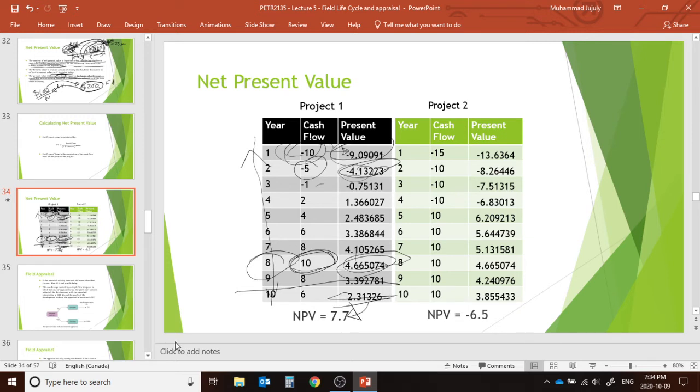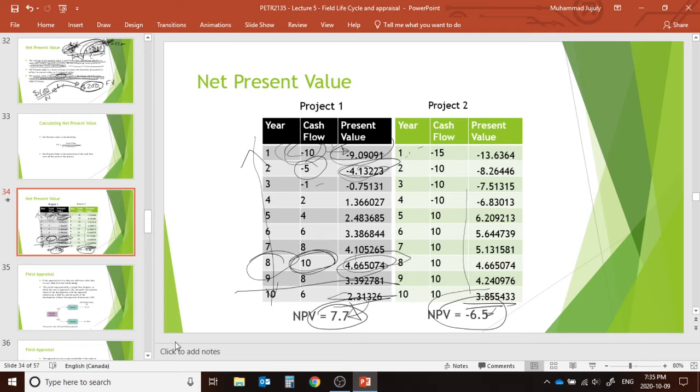Okay, and here the project 2, in a similar fashion, you calculate the NPV. So which one is bigger? Project 1, the NPV is positive and bigger than project 2. Project 2, the NPV is less. That gives us a decision making tool. That gives us the idea that project 1 is viable.